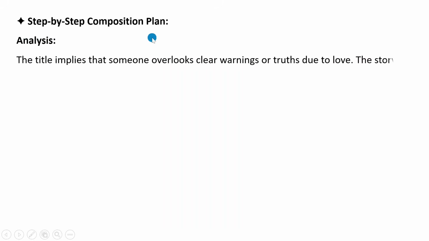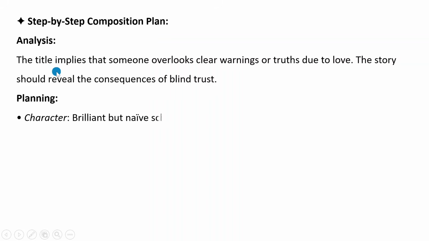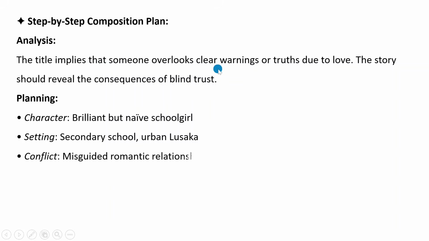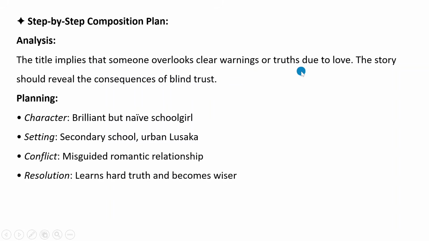Let's analyze the title. What is in the title when it says Love is blind? The title implies that someone overlooks clear warnings or truths due to love. So, love has blinded someone. That's what the title implies. Now, the story should review the consequences of blind trust.